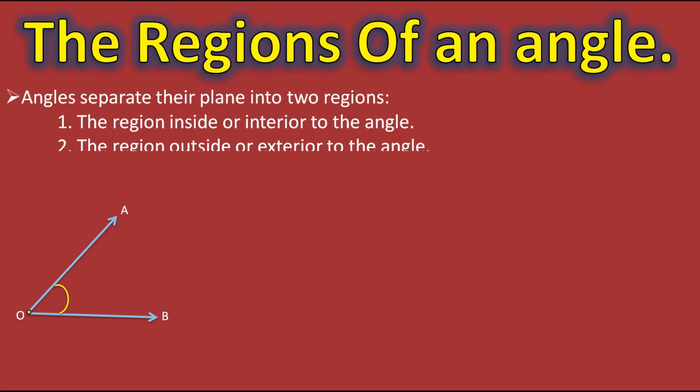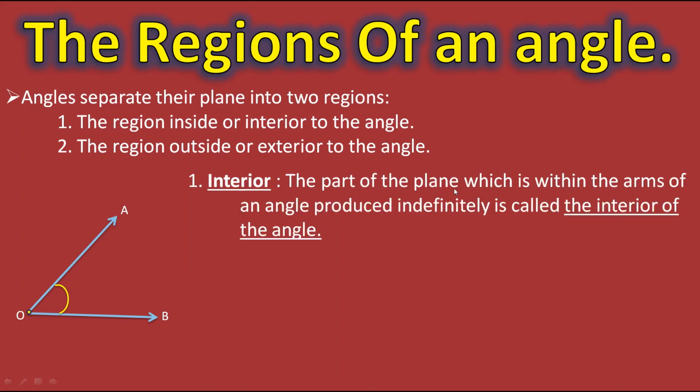So an angle separates the plane into two regions, the region inside or interior to the angle and the region outside or exterior to the angle. So the first region is the interior, the part of the plane which is within the arms of an angle. Arms means the rays, or we can say sides of the angle, produced indefinitely, is called the interior of the angle. So here this part is the interior of this angle.